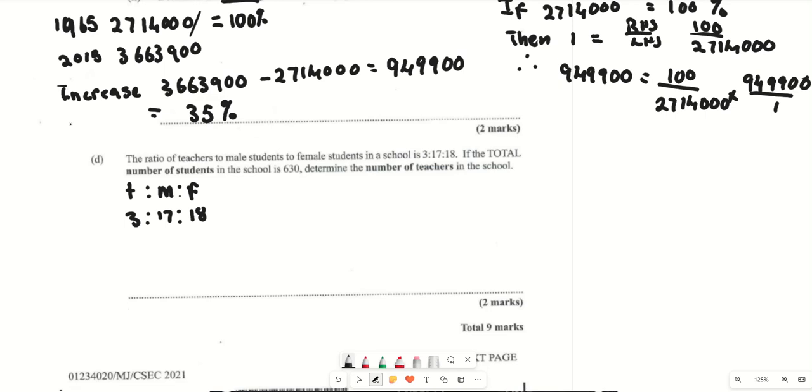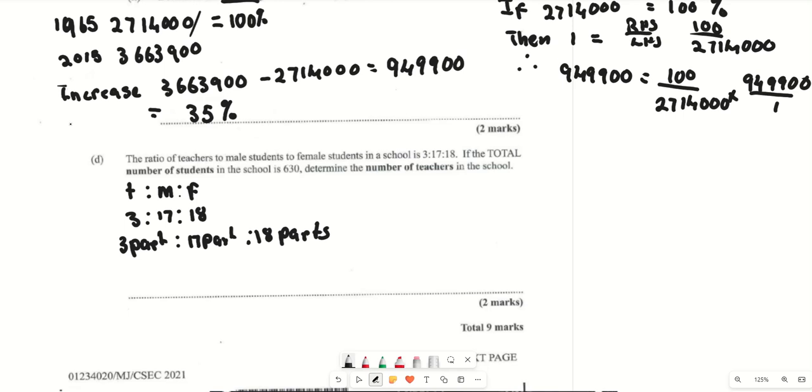If the total number of students, males and females, in the school is 630, determine the number of teachers. When we're talking about ratio, we understand it as parts. So it's 3 parts to 17 parts to 18 parts.